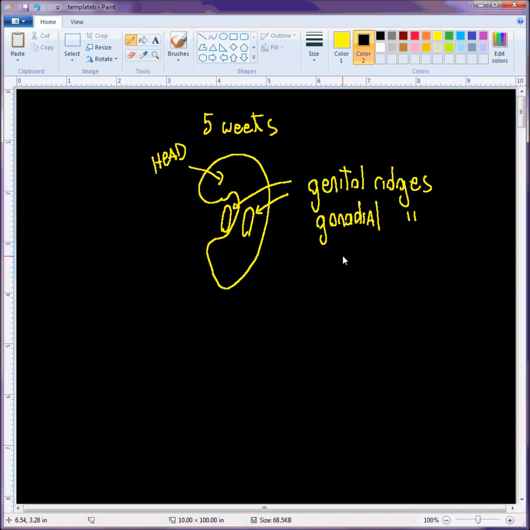There are two of them. And from these ridges we're going to develop these structures called the medullae, and the cortexes will develop. So each one has a medulla and each one has a cortex.